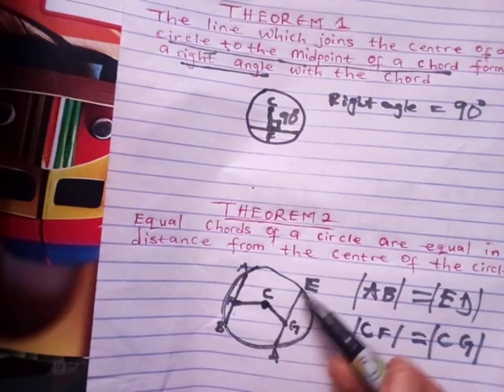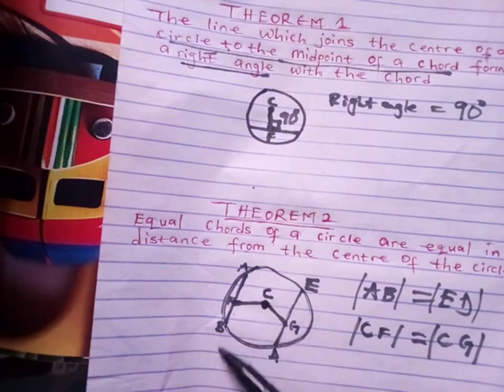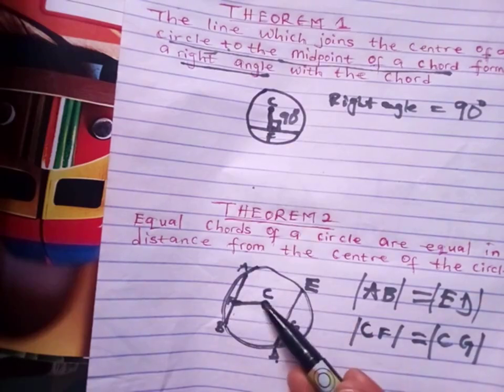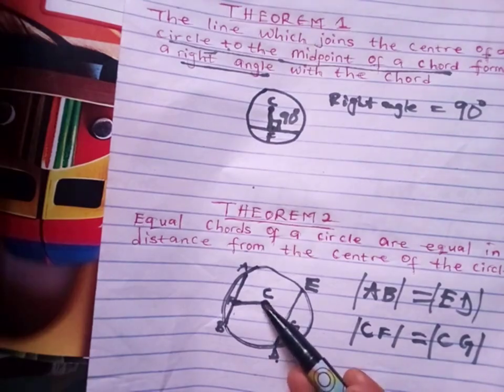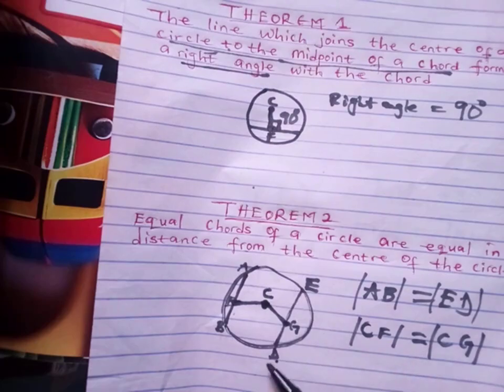When you have two chords which are equal in length, then their distance from the center of the circle will also be equal. Likewise, if you have chords which are equal in distance from the center of the circle, then those chords will be equal to each other. I think this law is okay. We're good to go with this law.